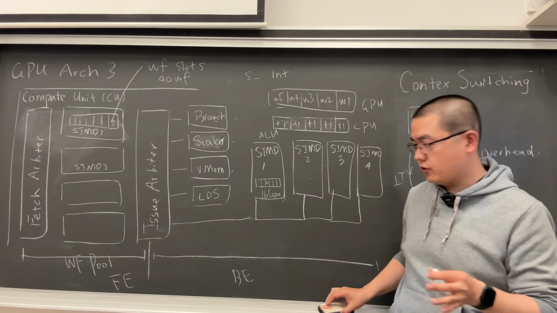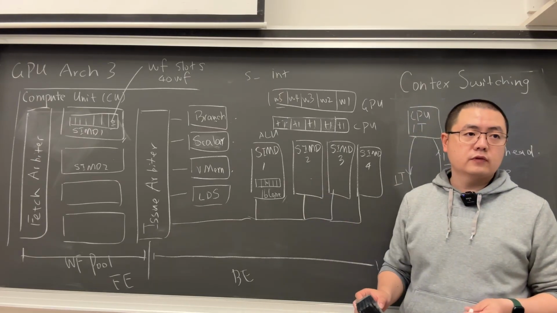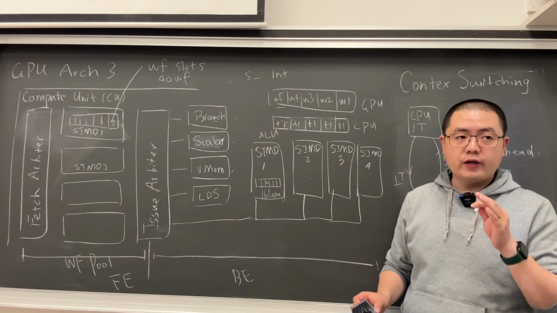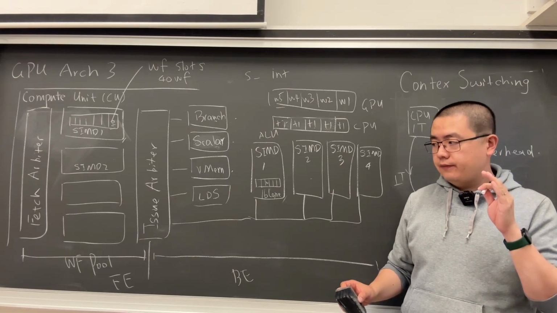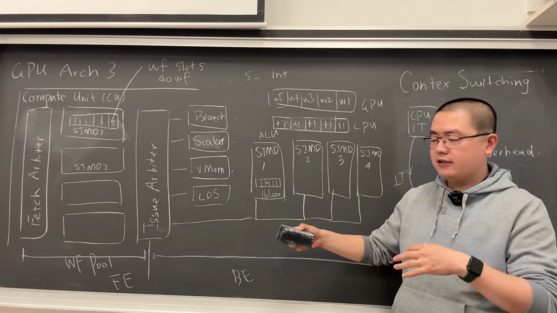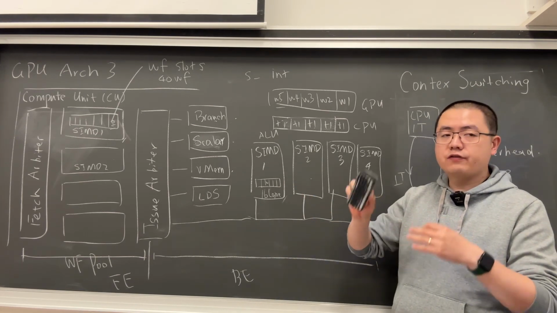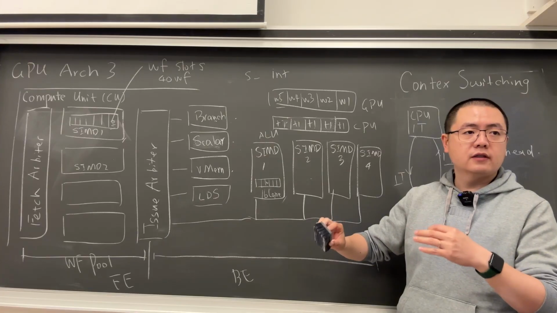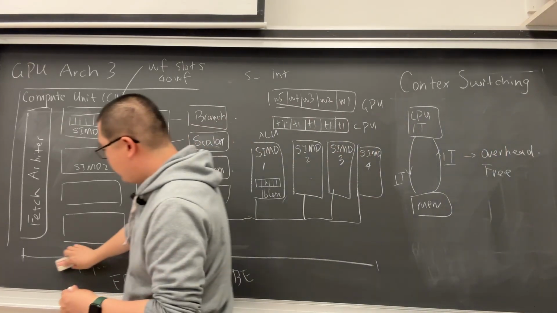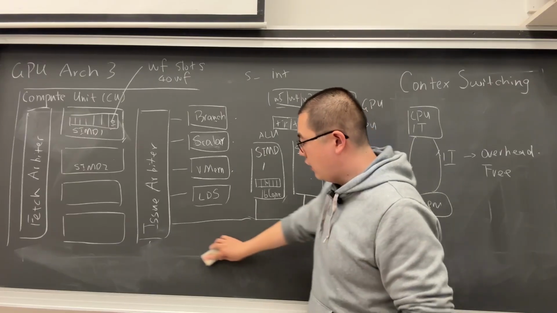Each one goes to the fetch and issue. There's no quick way to do it, at least at this stage, I don't want to go too fast, but at this stage, just consider each wavefront totally independent.